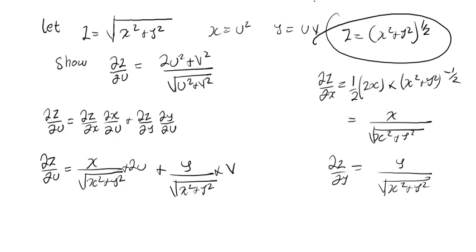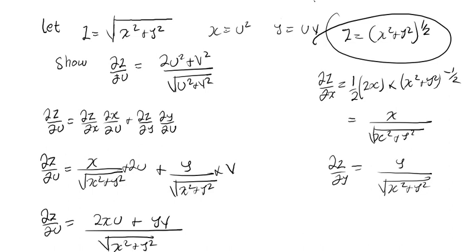When you're differentiating with respect to u, you're going to get 1, so 1 by that v, which is a constant, just turns out to be v. So your partial of z with respect to u will be equal to 2xu plus yv divided by, because they have the common denominator, the square root of x squared plus y squared, like that.